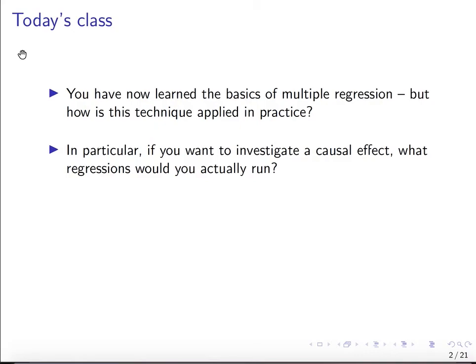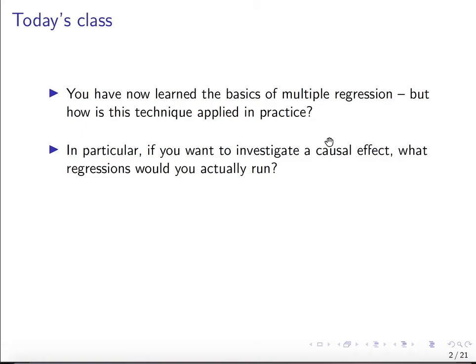But remember, we started with the simple regression model, and it's not just because we wanted to make it easier for exposition purposes. We started with the simple regression model because we really wanted to talk about the causal effect of X on Y. Even when we extended this model to multiple regressors, we were still interested only in the causal effect of a single X on Y. In our last example, the single X was the share of import competition from China, and Y was the share of patents.